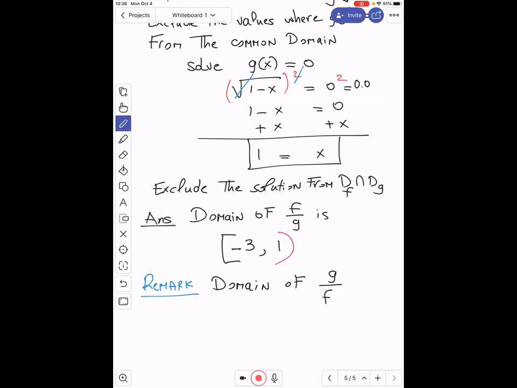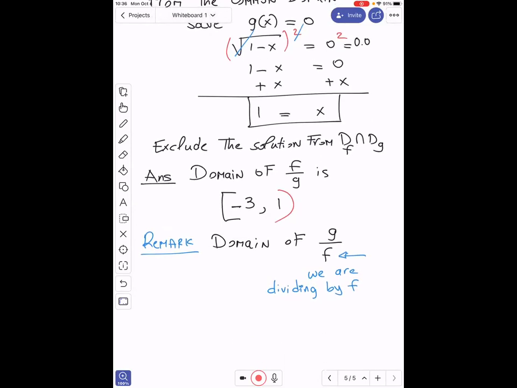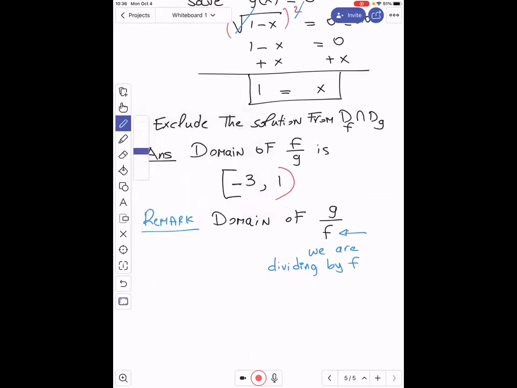So to find the domain of g over f, we need to exclude the values where f is 0 from the common domain.